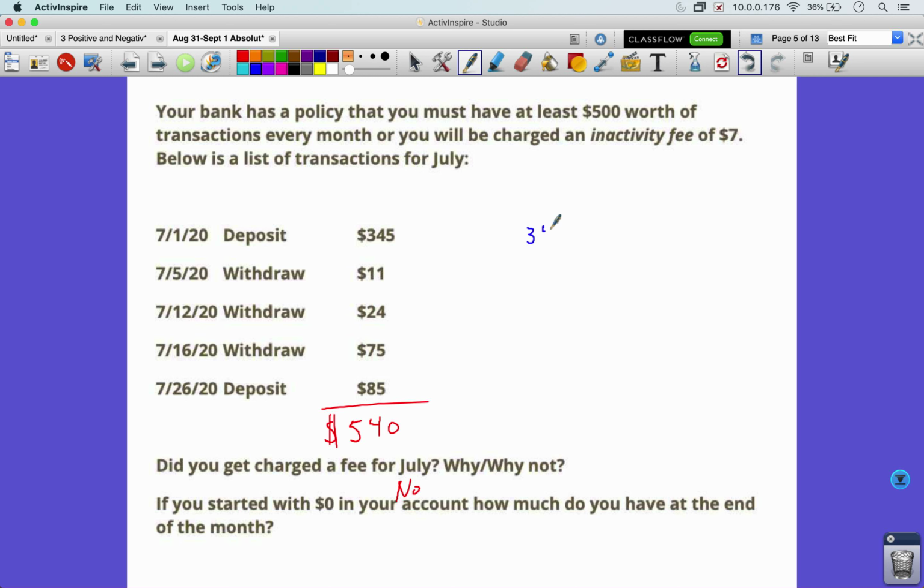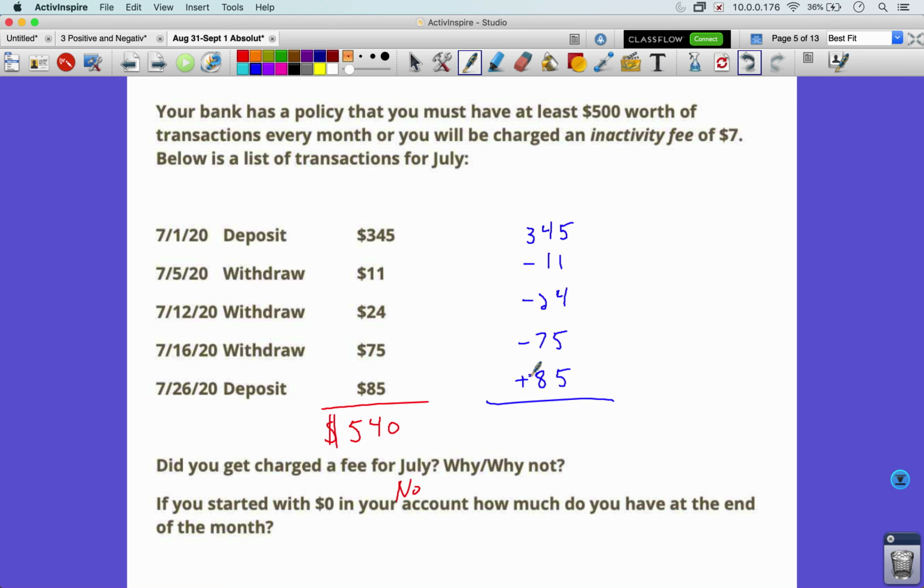So now we're going to treat this as 345 minus 11 minus 24 minus 75 plus 85. All right, now the withdrawals count as negative numbers and the deposits count as positive numbers.